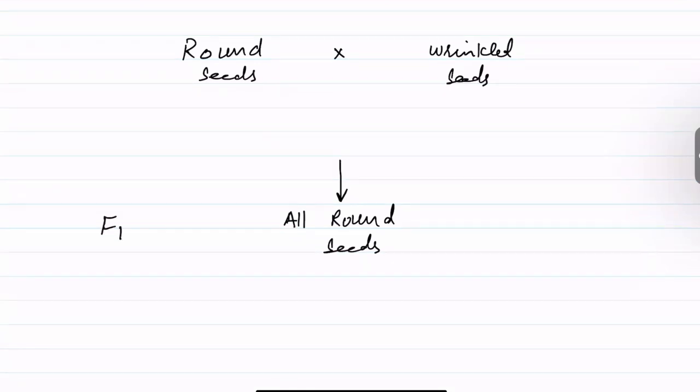When two pure breeds are crossed together, the offsprings produced are known as an F1. F1 stands for first filial generation.